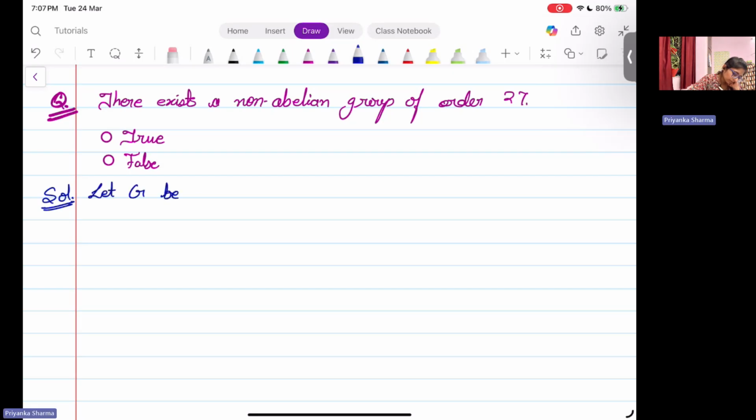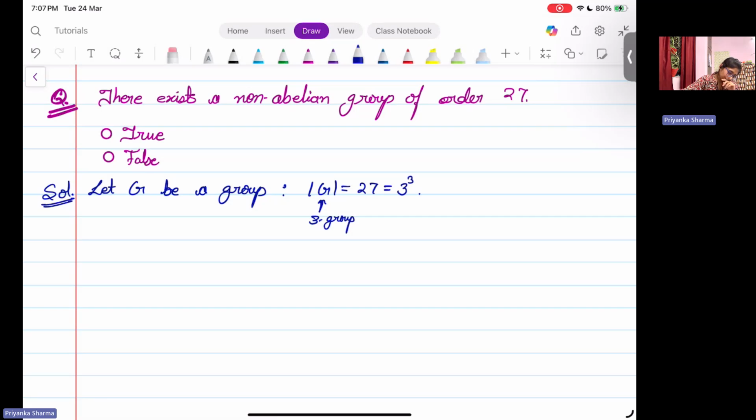So, let G be a group such that the order of the group is 27. If we write it as a prime factorization, we'll get 3 cubed. That is, this G is a p-group, or we can say a 3-group, for the prime 3.